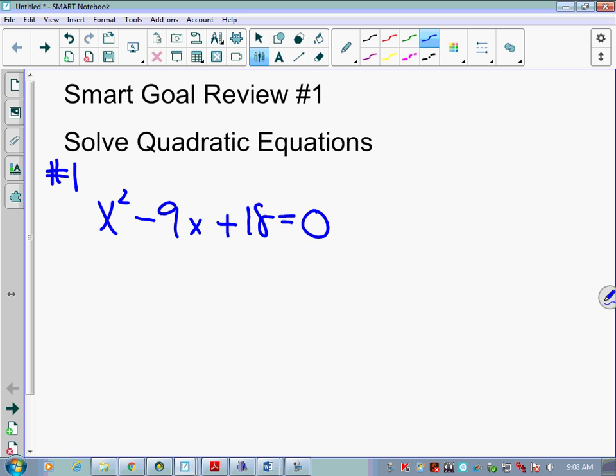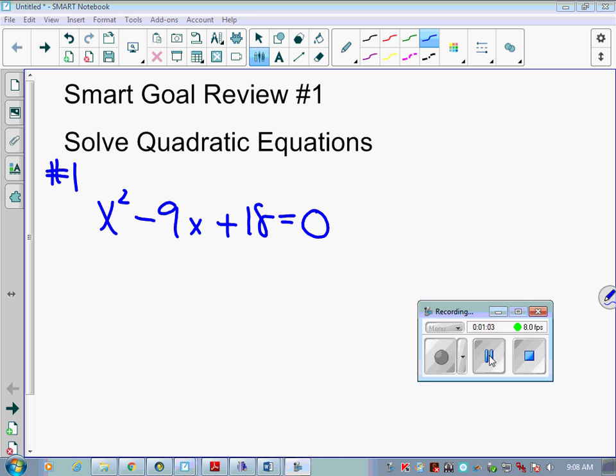Because it's x squared, there should be 2 real roots. Okay? 2 real solutions to this. So I'm going to give you guys some time to come up with an answer. I want everybody to get an answer. I want everybody to work it out. Okay? And right now I'm going to hit pause so there's not this like great big long silent period.